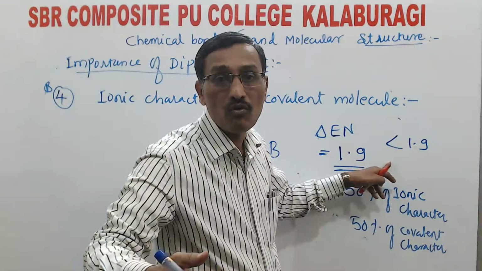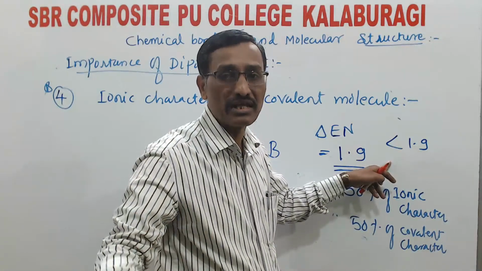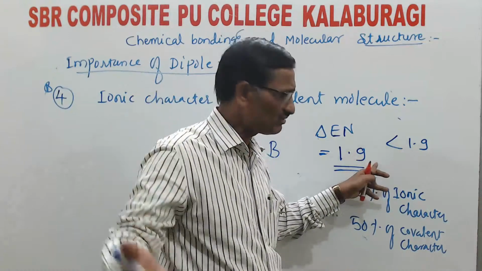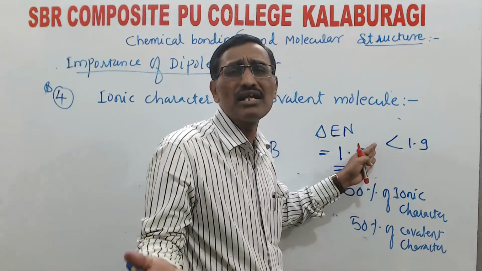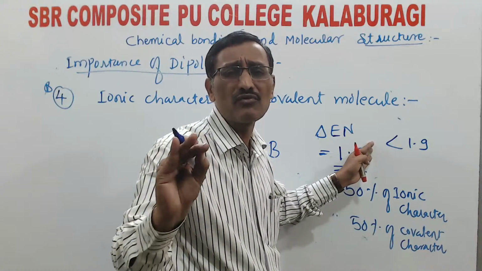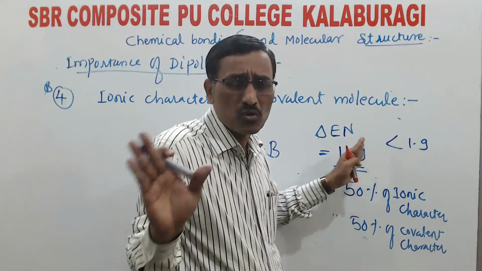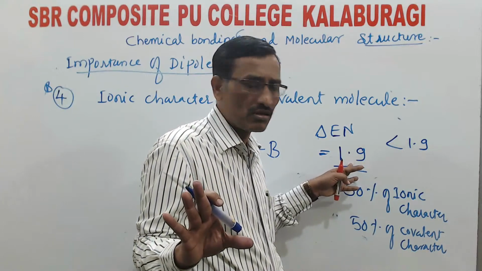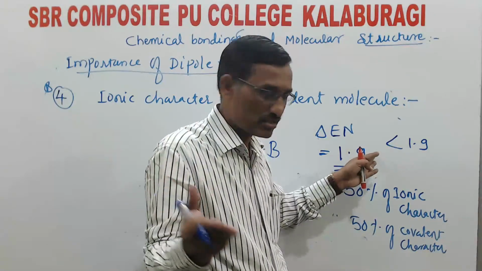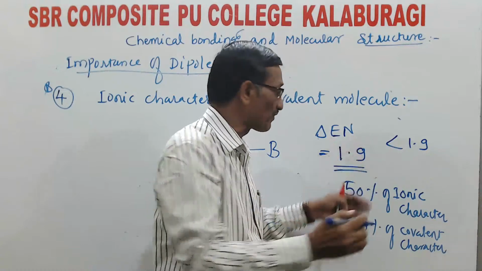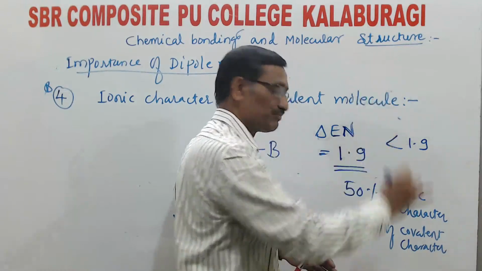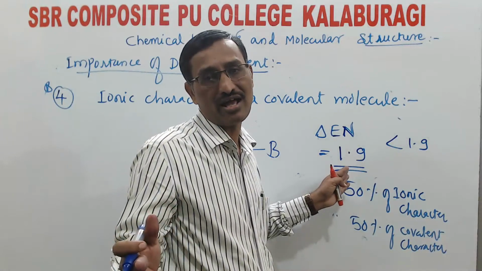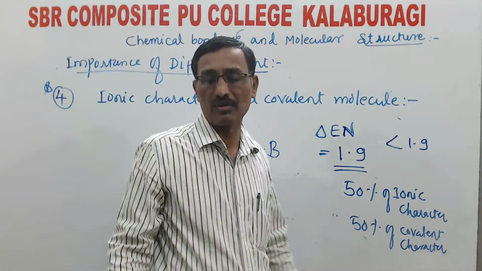The covalent character will be more. If it is more than 1.9, like 2 or 2.5, obviously the percentage of ionic character will be more. So don't think, sir, is it the standard values? Here 1.7 is also given in certain texts. So I will take a 1.9 electronegativity difference between the two combining atoms. So 1.9 is exactly 50-50. So 50% ionic, 50% covalent. That one you have to remember.